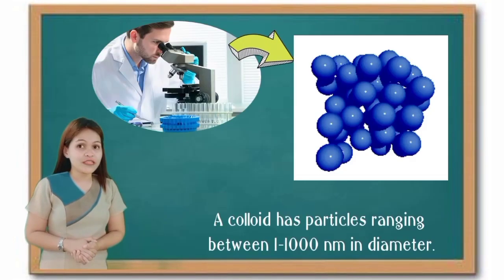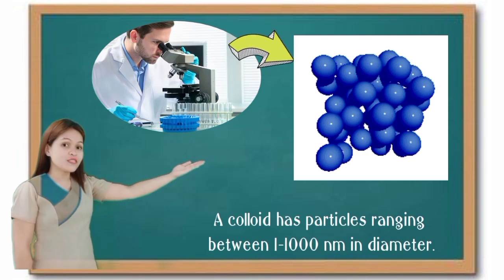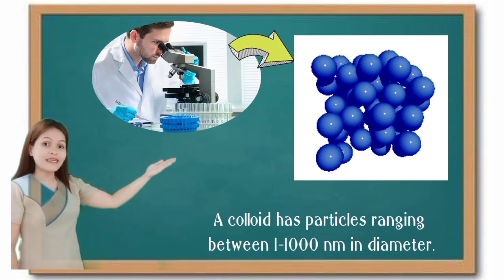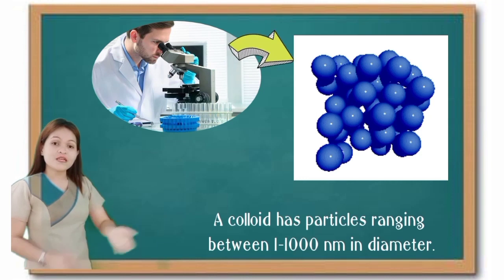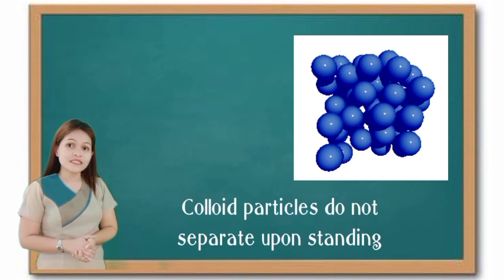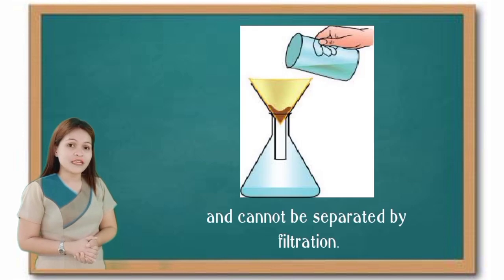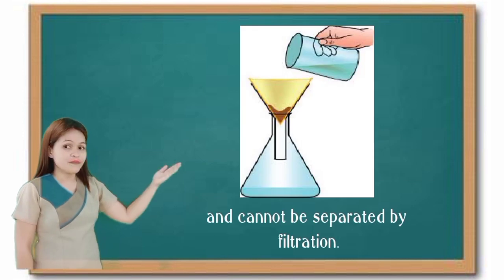A colloid has particles ranging between 1 to 1000 nanometers in diameter. Colloid particles do not separate upon standing and cannot be separated by filtration.